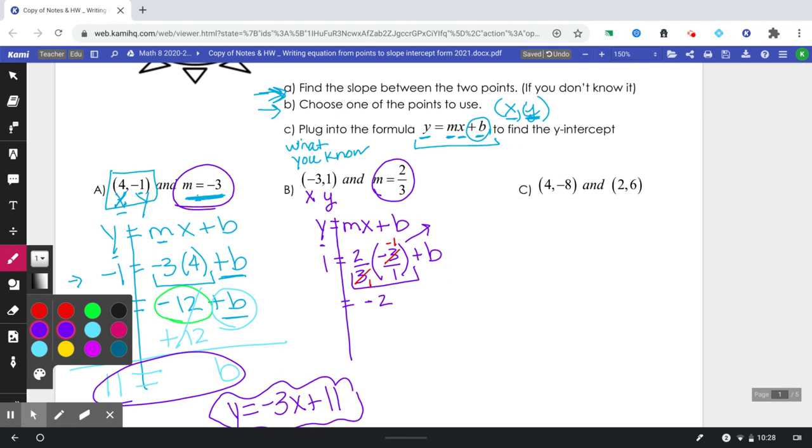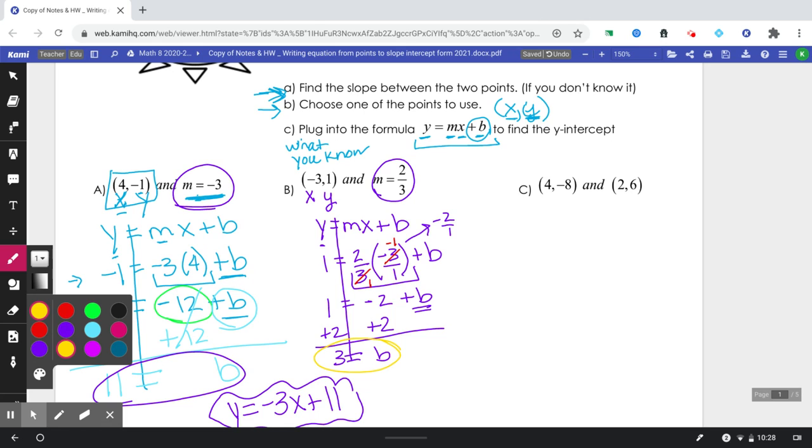So really this equals negative 2 over 1, so I'm just going to write negative 2. Bring down the plus b, bring down our positive 1. Okay, I need to get b all by itself, so I'm going to get rid of that negative 2 by adding 2 to both sides, and I'm going to find out that b is positive 3.